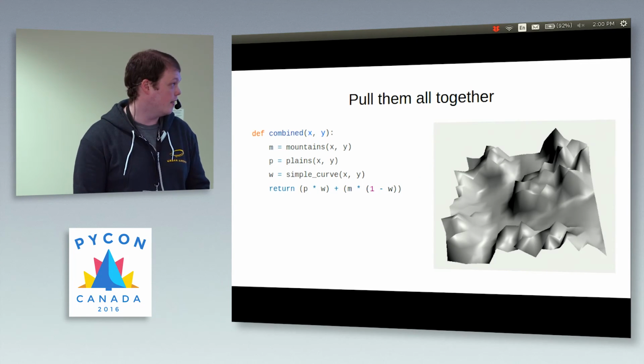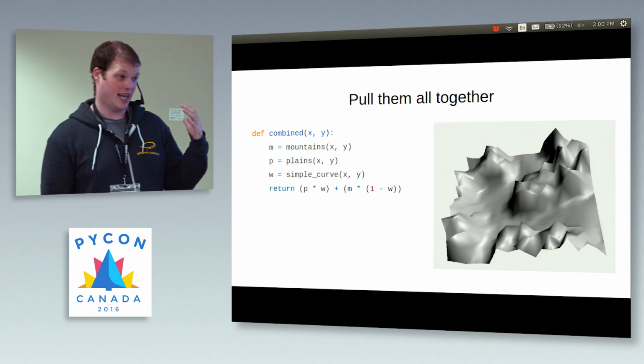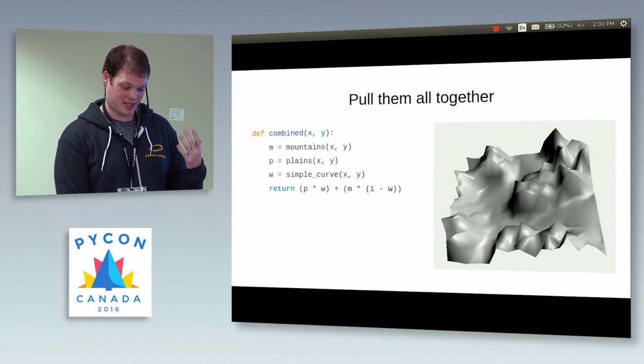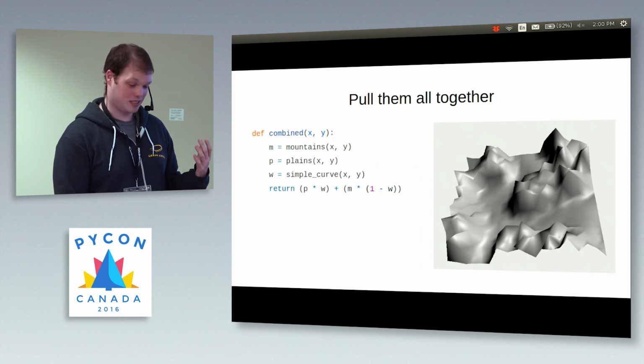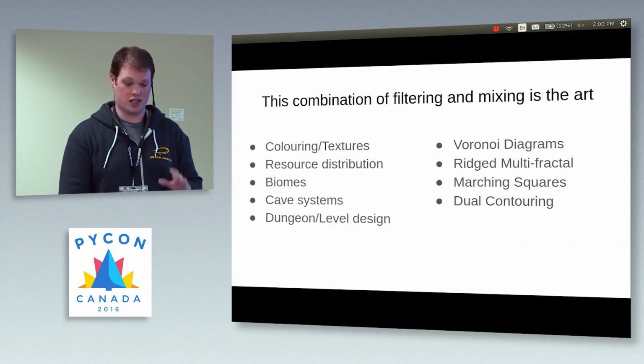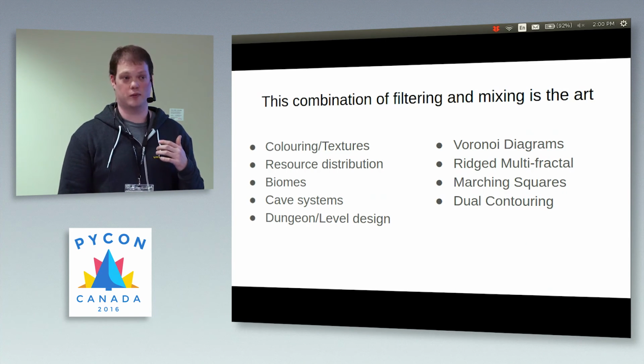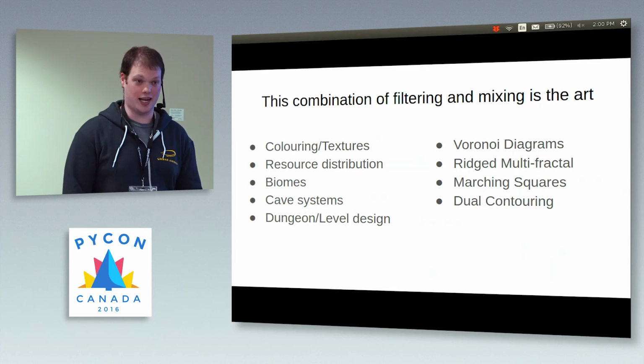So that's basically what you do with simplex noise. From this point on, that's all you really need to know on how to generate terrain. There's a lot more things you can do. I didn't touch on coloring and texturing, which is obviously all just gray.